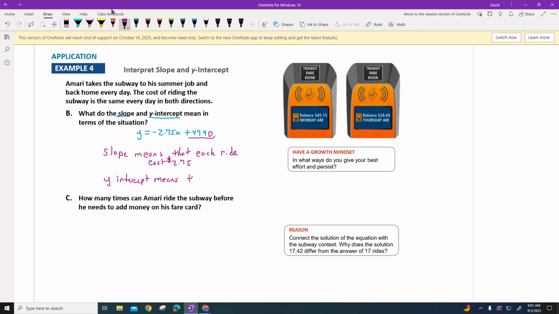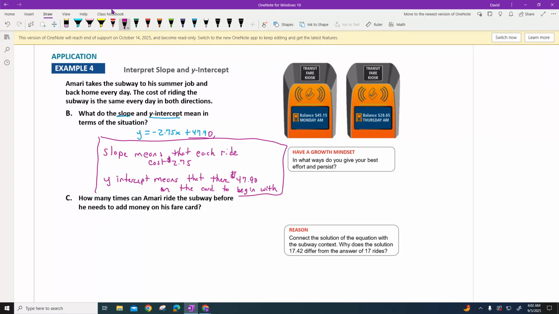Means that there is $47.90, dollar sign right there, that's my units, on the card to begin with. That was the total before he went on the first ride, because after the first ride it was down to $45.15. Okay, very important. I say this every year.